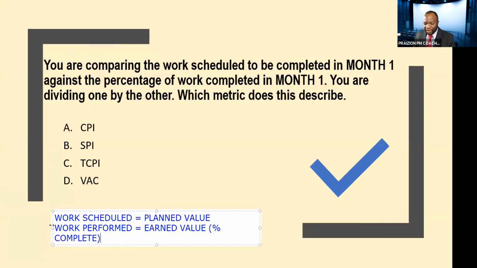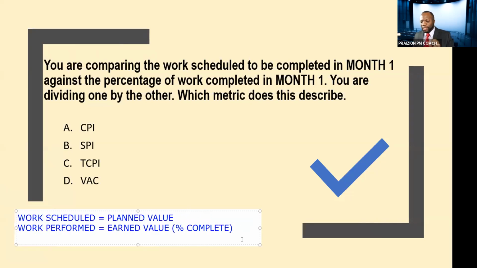So you need to be able to decode these words. Work scheduled, oh, that's planned value. Work performed, that's earned value. So the last one, money spent, that's your actual cost. That's the language associated with this.